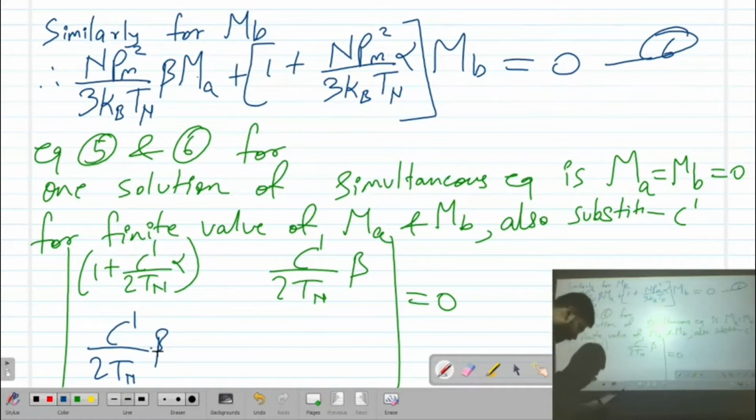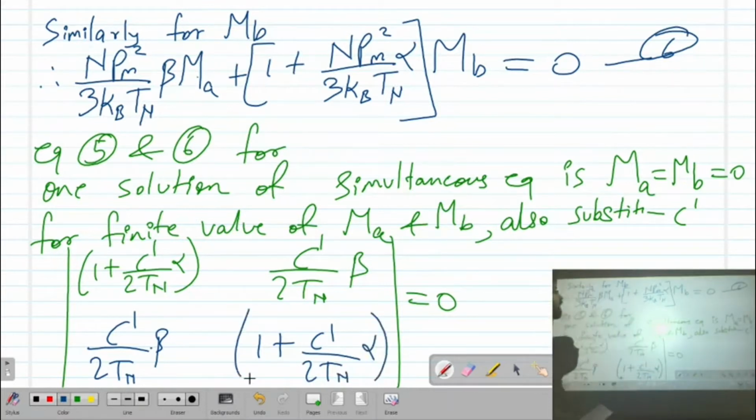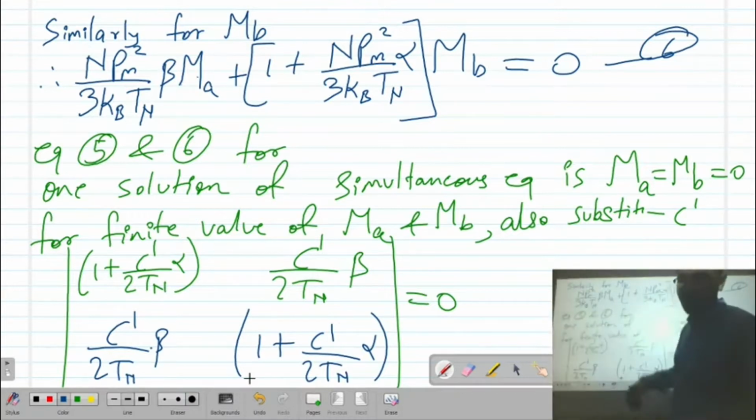Now I will have the second term, that is 1 plus C dash divided by 2 T of n alpha. This is nothing but the determinant of the two equations.